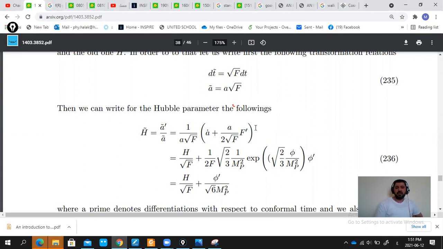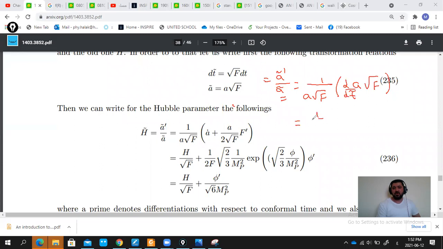So H tilde is a tilde prime over a tilde, where a tilde is a times the square root of f.